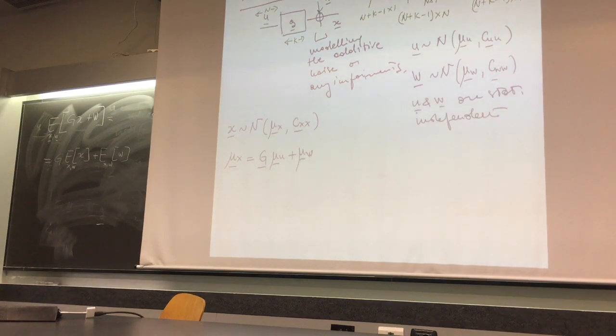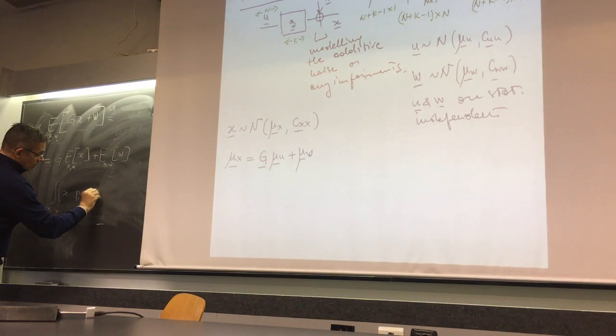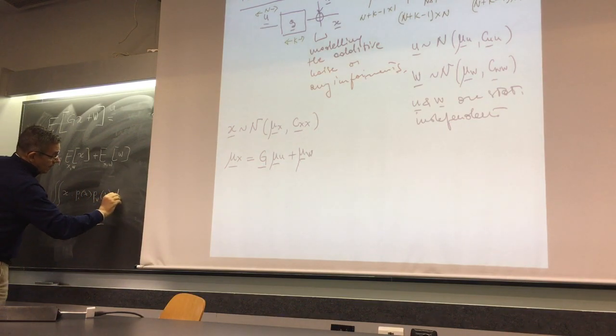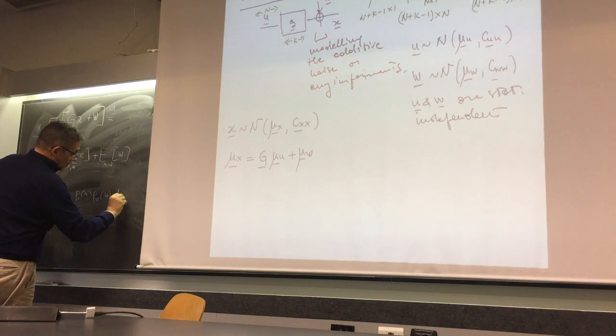When I write it this way, this means that I need to integrate with respect to x and with respect to w of x, then I have the probability density function of x. They are statistically independent. And then I have the probability density function of w, dw dx.